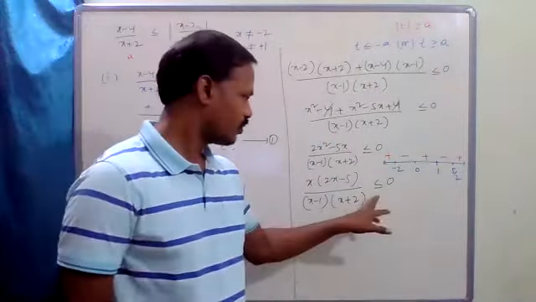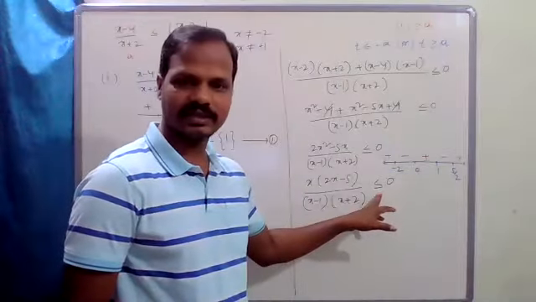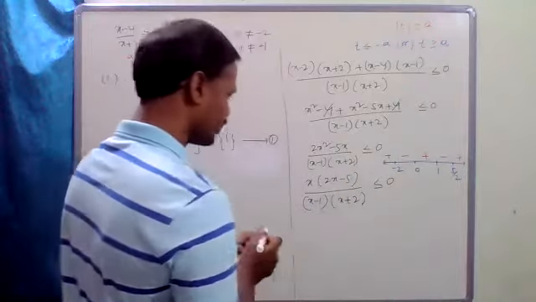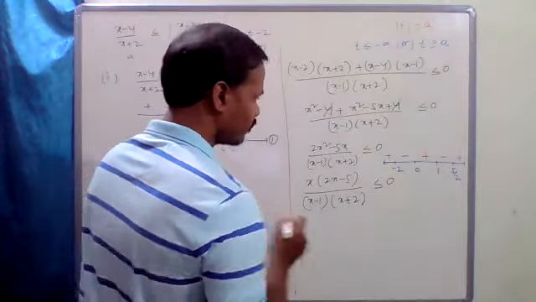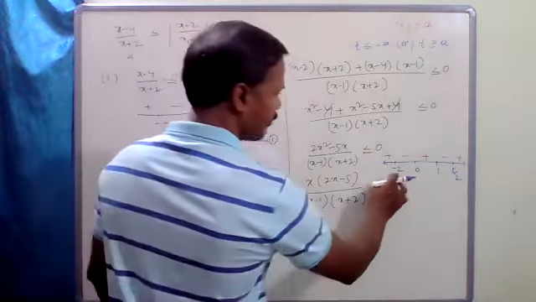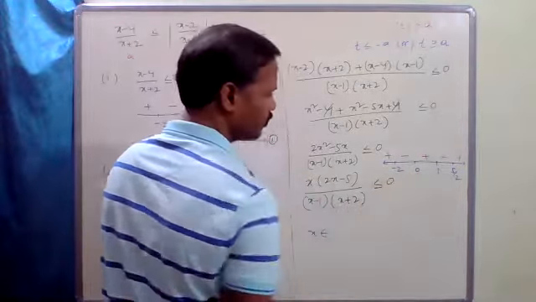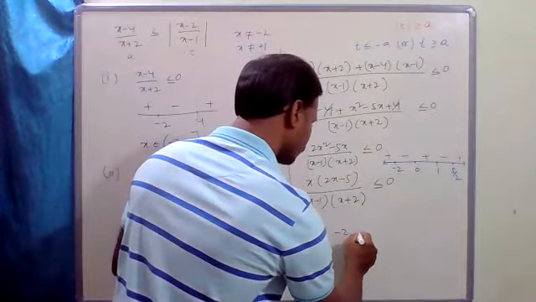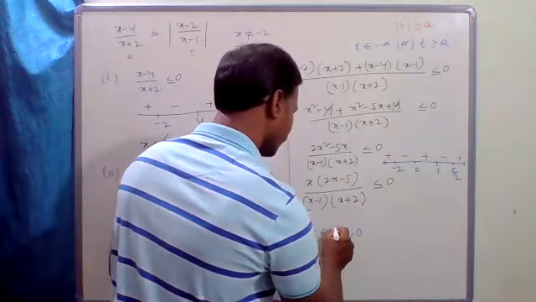Now we want the less than or equal to 0 case, that is negative. So negative case means what we have to get: x belongs to minus 2 to 0, negative. Minus 2, 0.